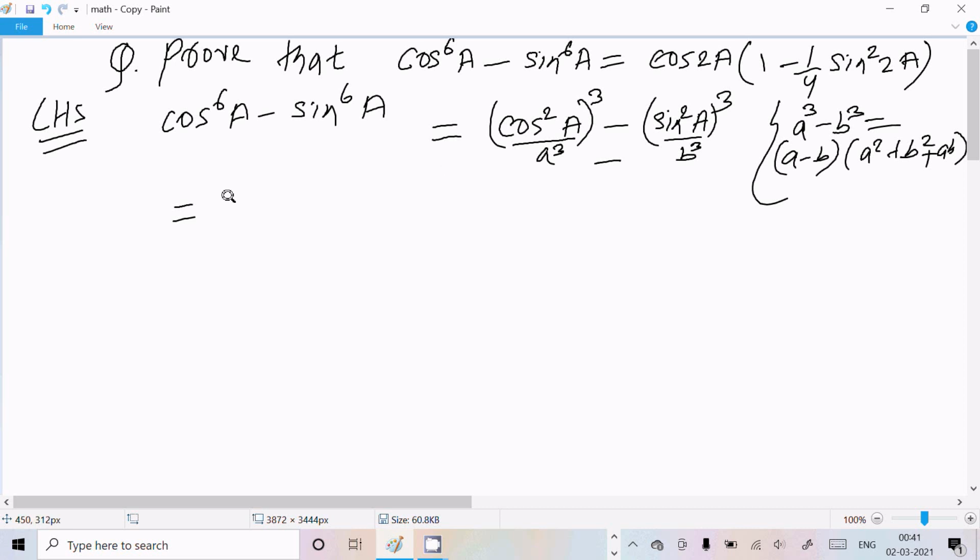So a minus b, that is cos^2 a minus sin^2 a.